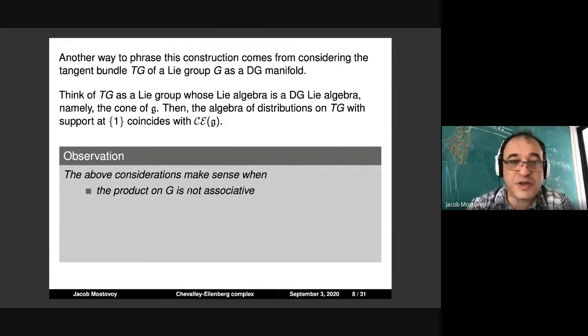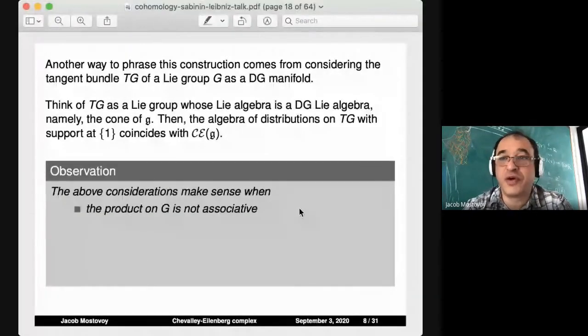Okay, so here is the key observation. We never ever used associativity of our group. So you can take any product. In particular, this product can be non-associative.